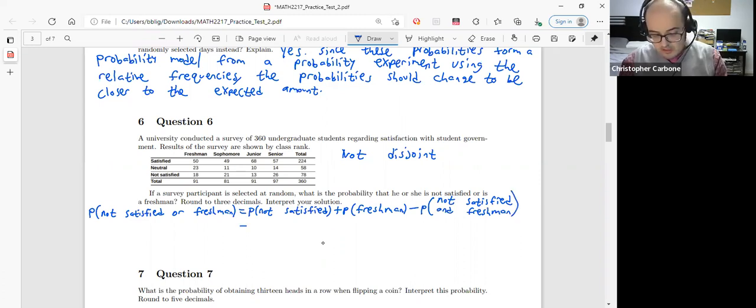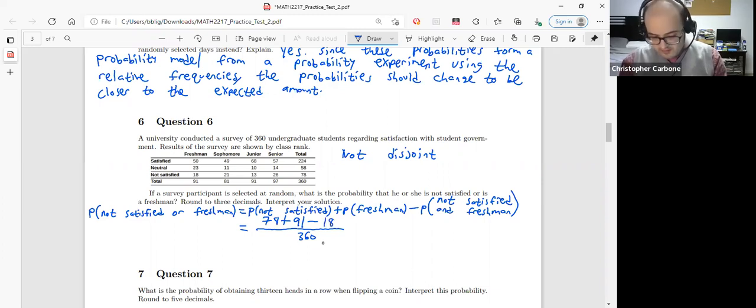So there's a total of 360 in this table. For the not satisfied group, the total from the table is 78. The number of freshmen is 91. And the number of not satisfied freshmen is 18.